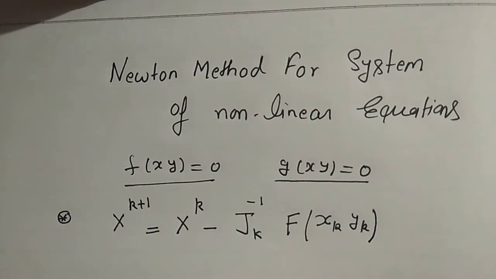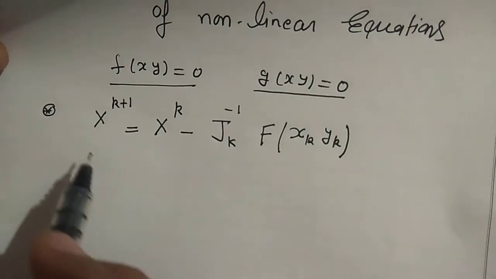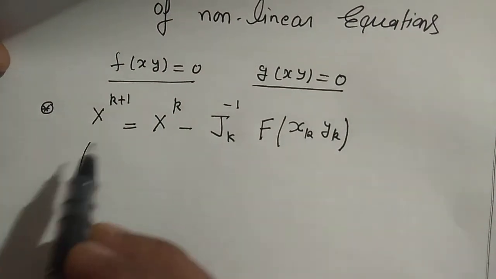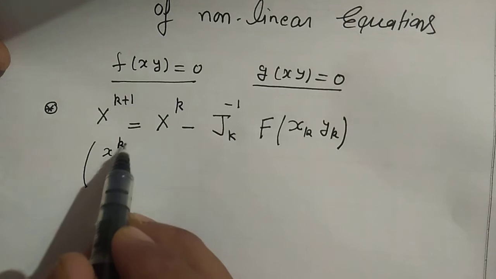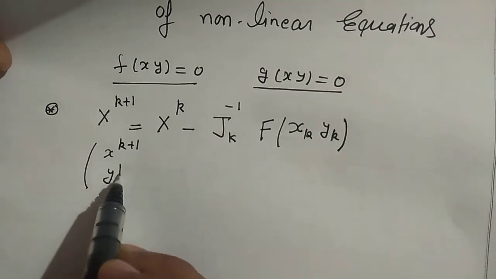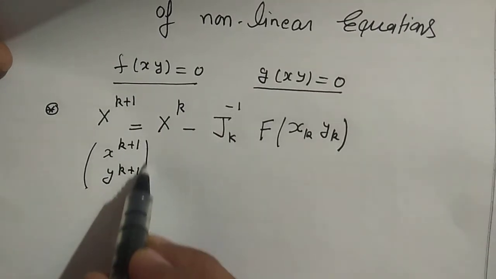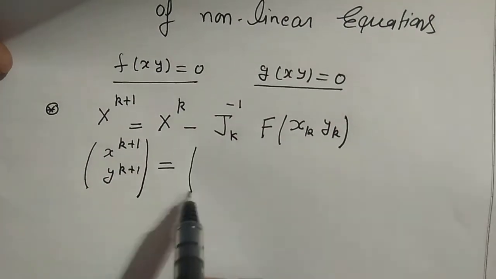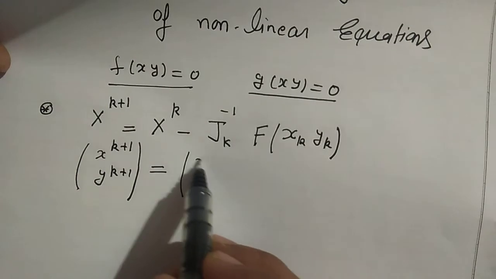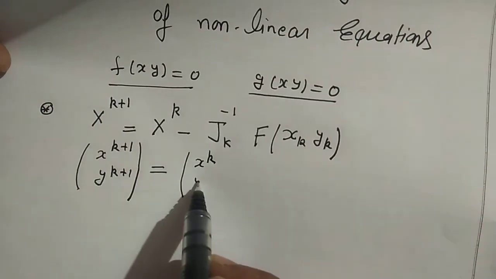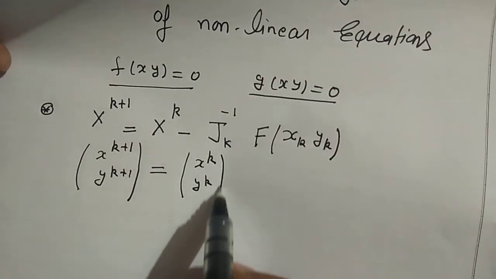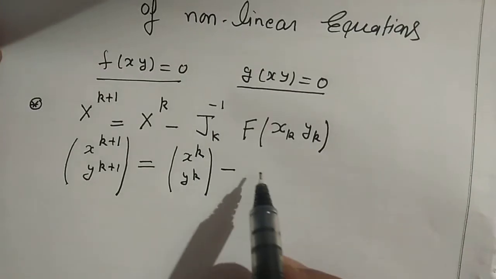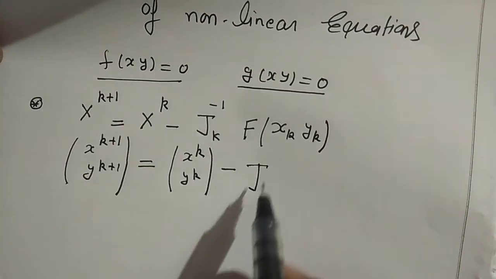So let me explain. So this x_{k+1}, y_{k+1} equal to x_k, y_k minus J_k inverse, where k is the number of iteration and J_k is the Jacobian.